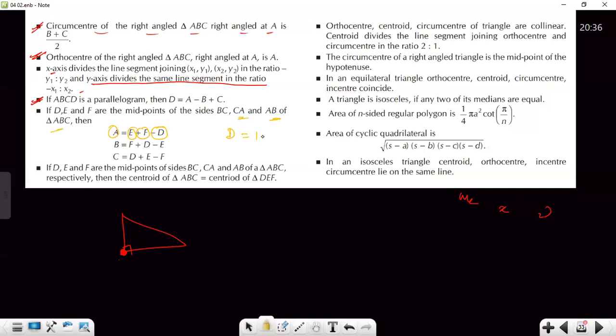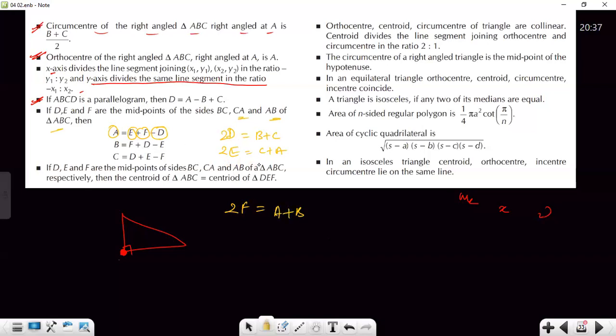D is equal to B plus C over 2, so 2D is equal to B plus C. Also 2E is equal to C plus A, because E is a midpoint of CA. And 2F is equal to A plus B.